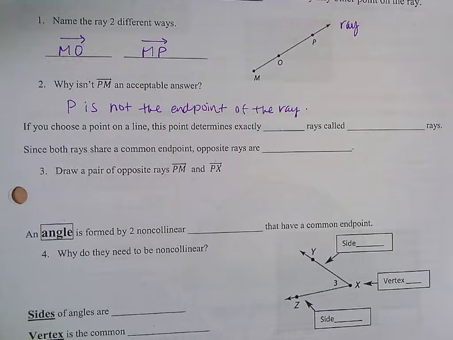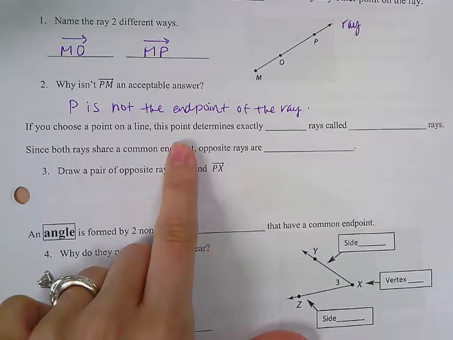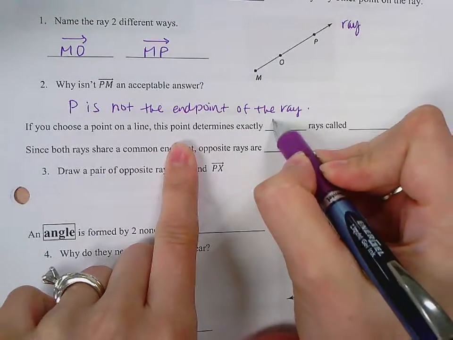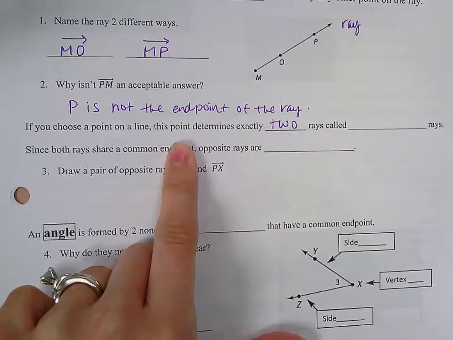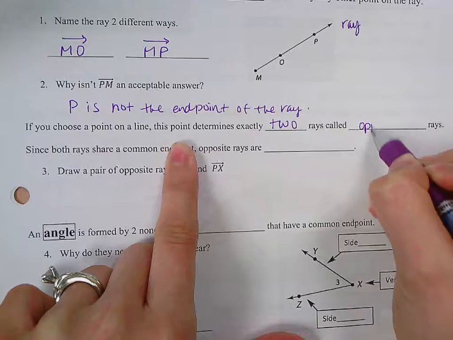So this whole section is on angle measures. So now we're getting into angles. Angles are actually formed by rays, which is why we're talking about a ray first. So now if you choose a point on a line, this point determines exactly 2 rays, and these are called opposite rays.